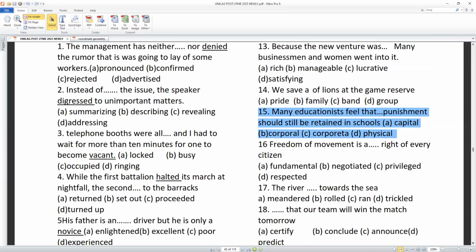Option B. What is the difference between corporal punishment and capital punishment? Capital punishment is like death. Correct. Maybe when somebody has committed treason, the person can be given capital punishment, and capital punishment is death, either by hanging or whatsoever.